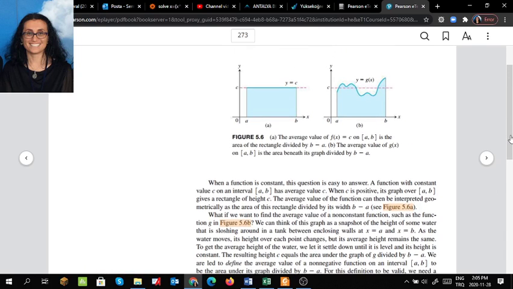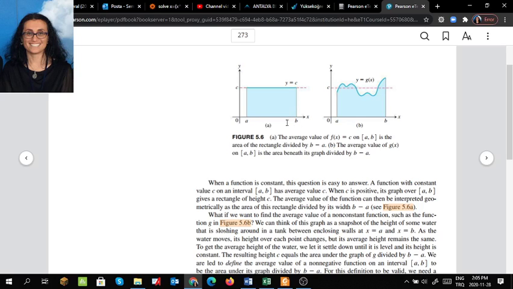Roughly, the average value of a function g on an interval [a, b] is going to be the area underneath the curve divided by the length, b minus a. This notion comes from choosing a constant function. If you want to find the average of this constant function, of course it's c, but how do you get that? You find the area underneath, which is the rectangle area.